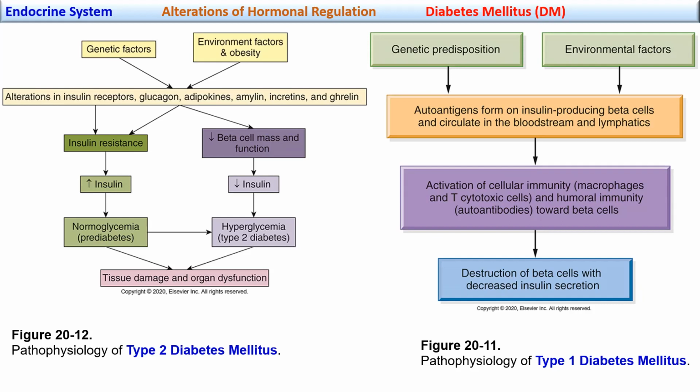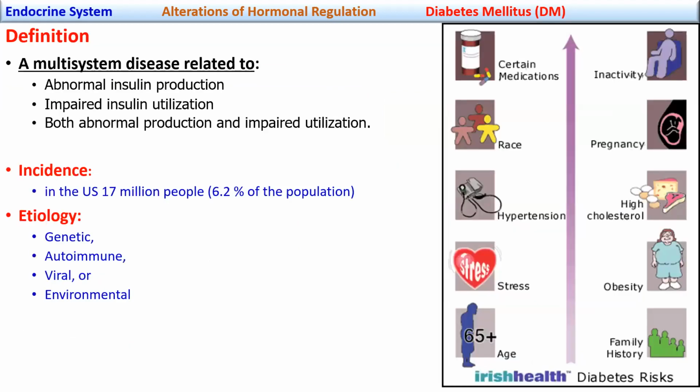The disease is known as a multi-system disease, diabetes mellitus, in which there is an abnormal insulin production problem.